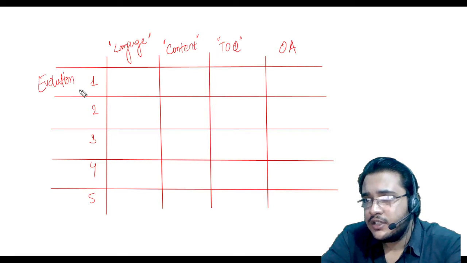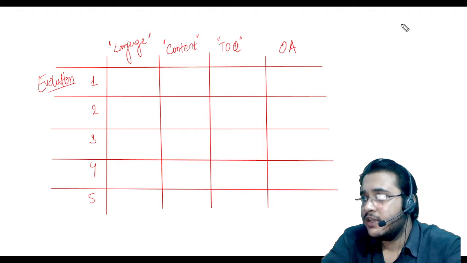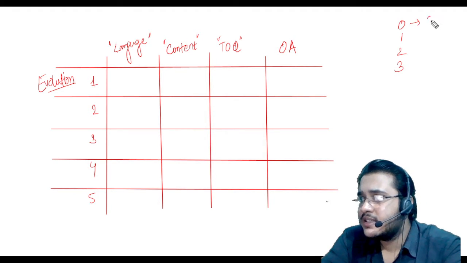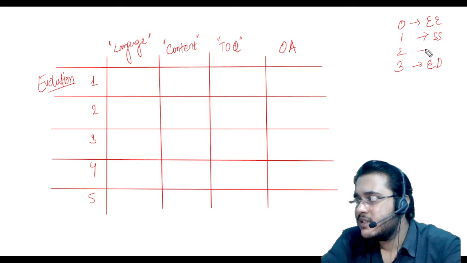For language, always remember that we are rating from 0, 1, 2 to 3. 0 is extremely easy, and 3 becomes excruciatingly difficult. This one is so-so, and this one is moderate.